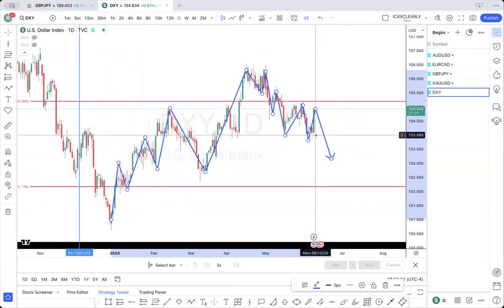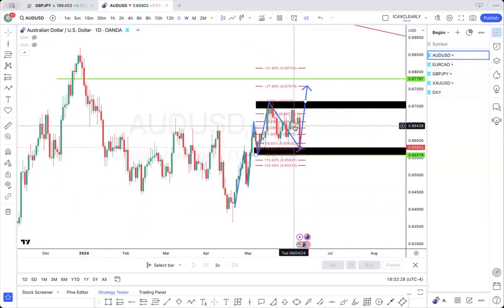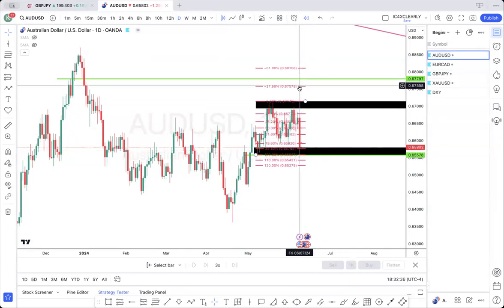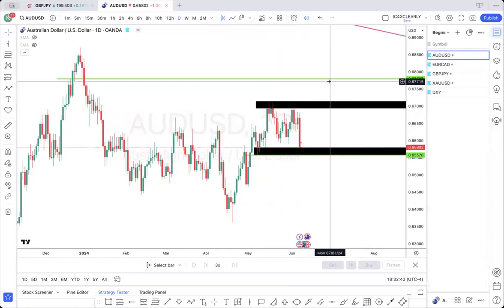So right now, based on the daily, price was bullish. So based on this daily, this candle should be bearish because it's against the dollar. Now, is price going to go here and continue buying up?